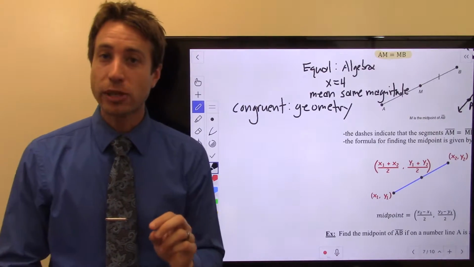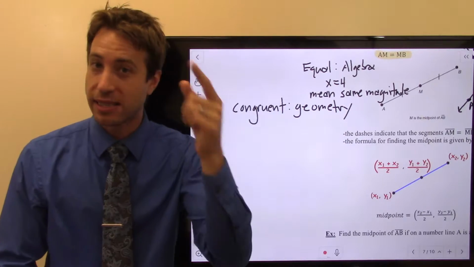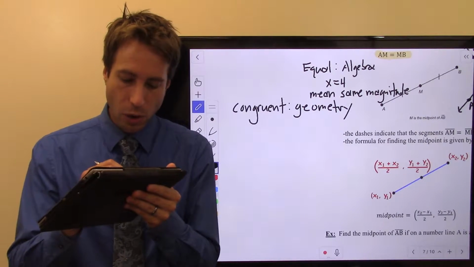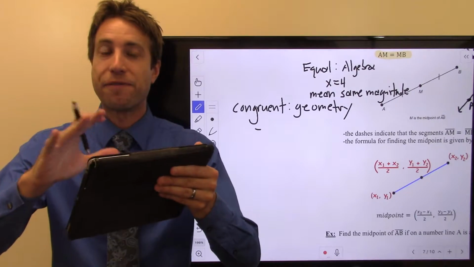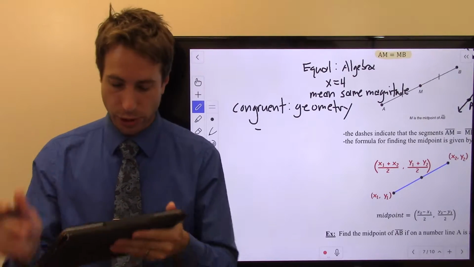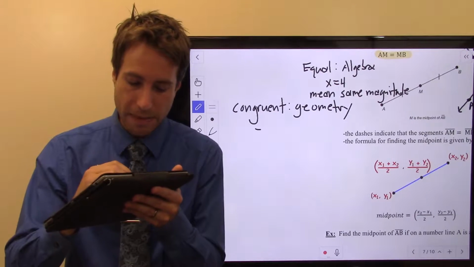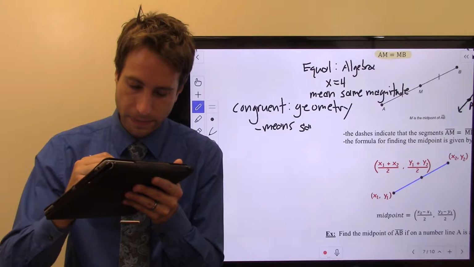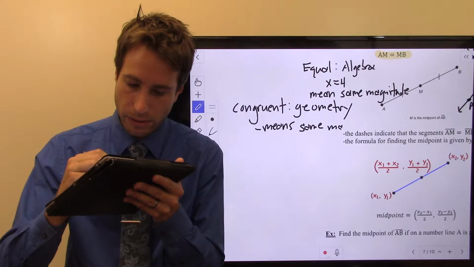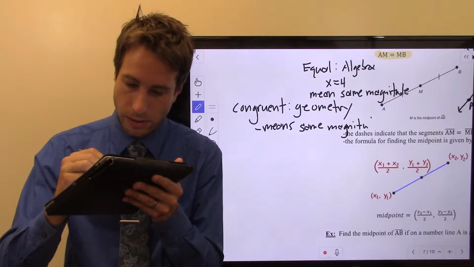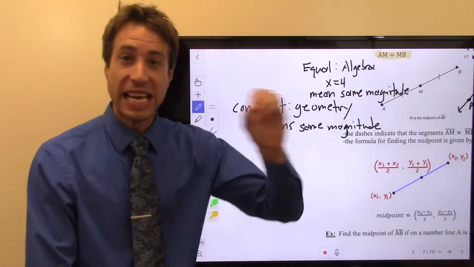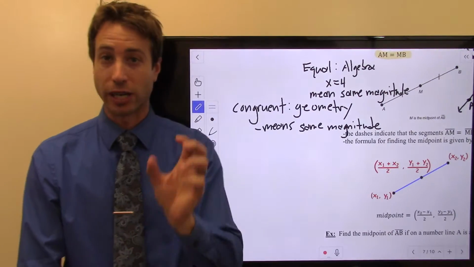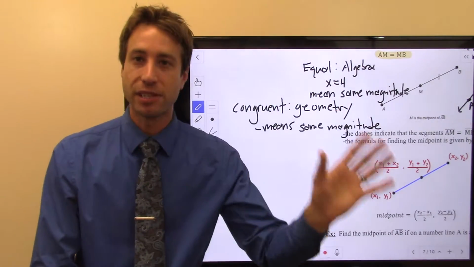Congruent actually takes into account two things, because think about geometry for a second. Not only will you be finding if things have the same magnitude, so congruent means same magnitude, just like in algebra, where equal meant these two things have the same magnitude.